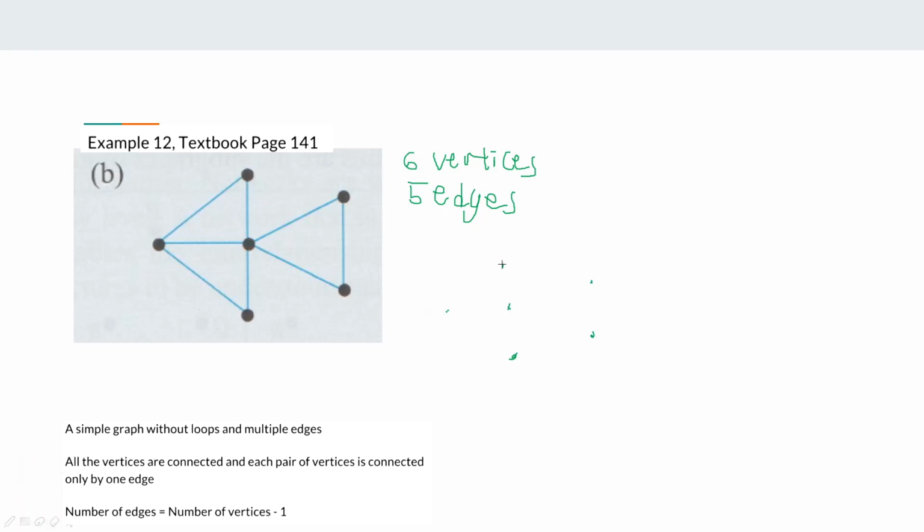Draw 5 edges only. So I think I would draw it like this, sorry, just have to change the color. I'll draw it like this. And another way I would draw it would be like this. Just have to draw back at the same position.